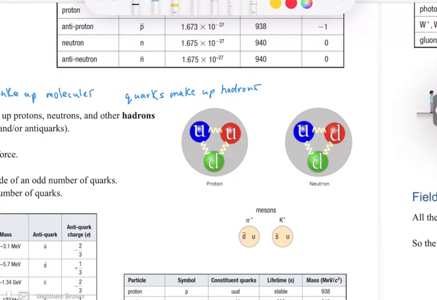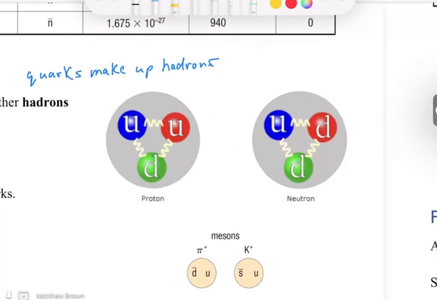So a proton is 2 up quarks and a down quark, and a neutron is 2 down quarks and an up quark. I remember finding this quite baffling, because we know the charge of a proton is 1 and the charge of a neutron is 0, right? So what does that mean in terms of up quarks and down quarks?